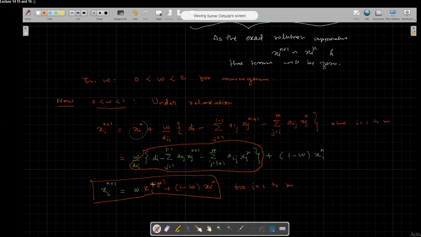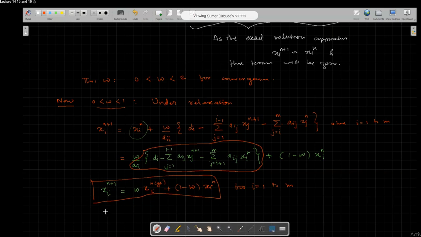You calculate x_i^n from Gauss-Seidel, you add this correction, and you get the new value. So rather than getting the value from Gauss-Seidel, we add a correction to it, and we get a new value.